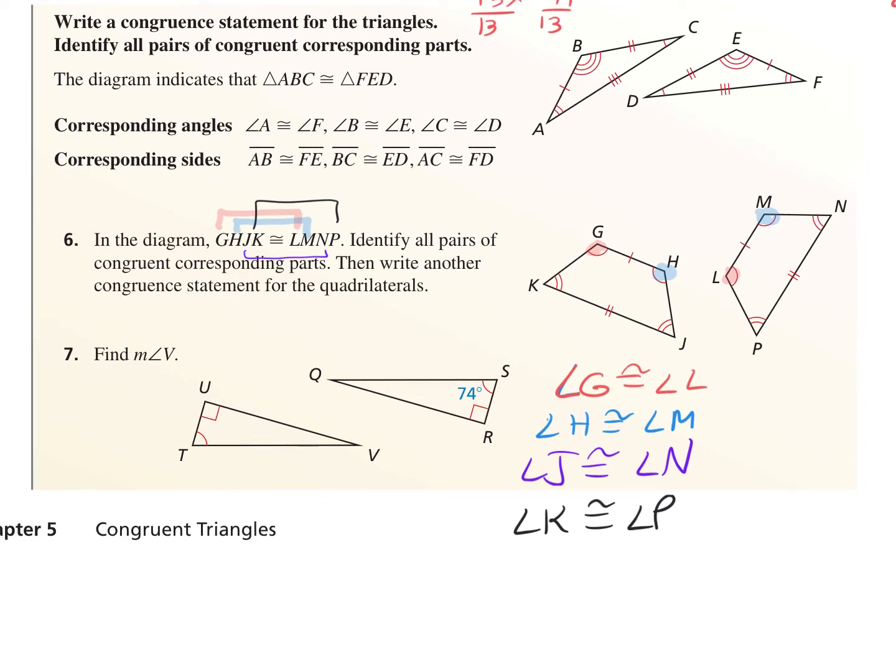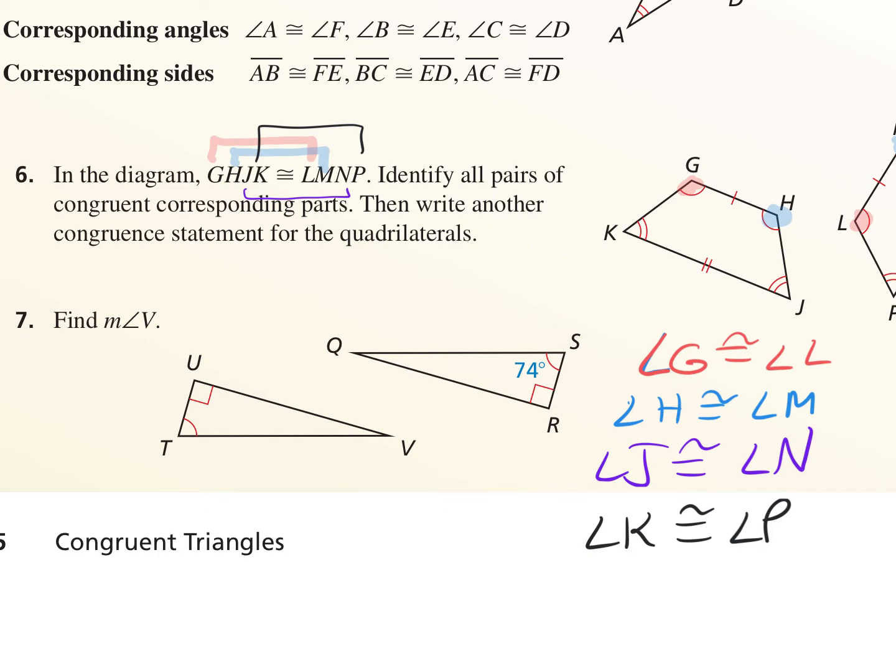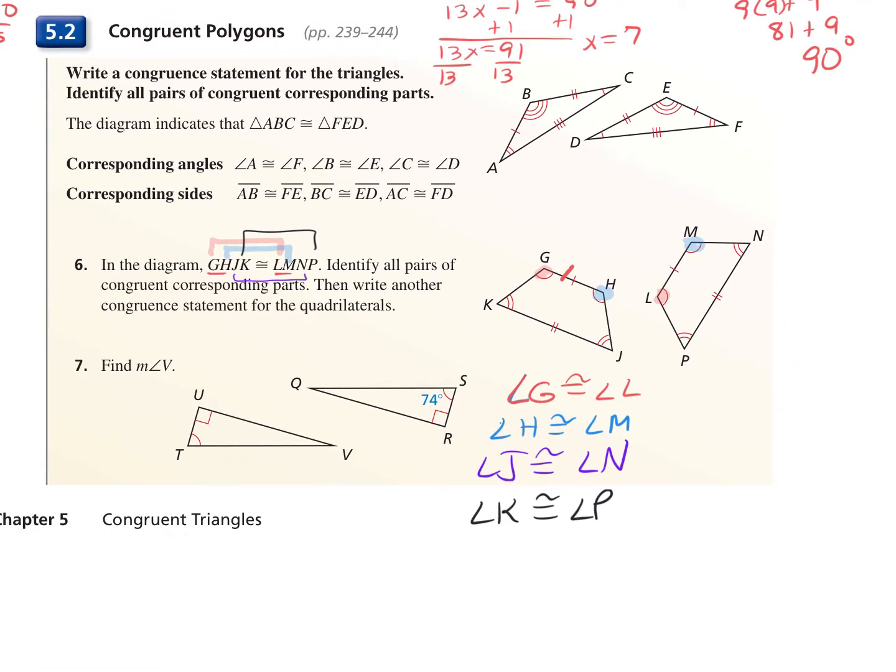And again, I can use that statement. It makes it a lot easier. So if I zoom in here, the first 2 letters, GH, are going to match with LM. So GH had this single tick mark here, and so did LM, which was right here. So I would write GH is congruent to LM.